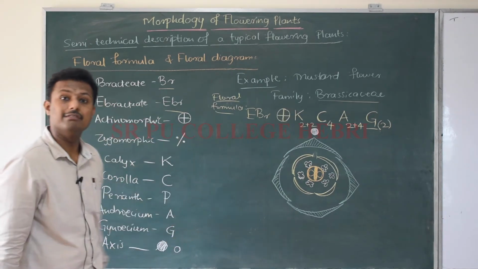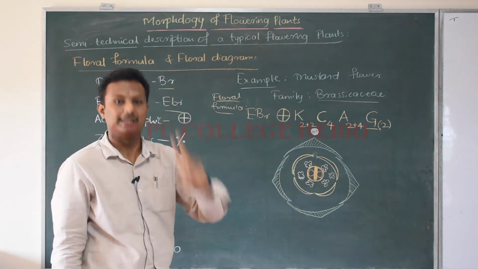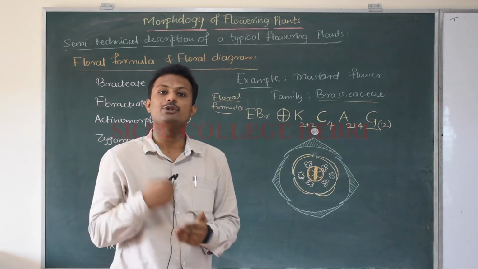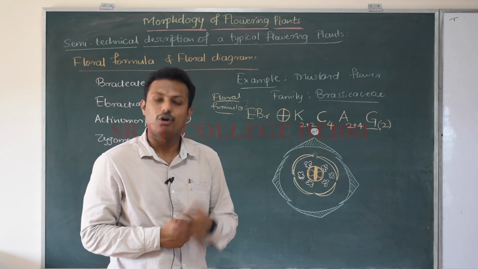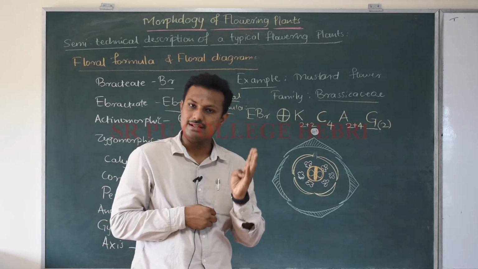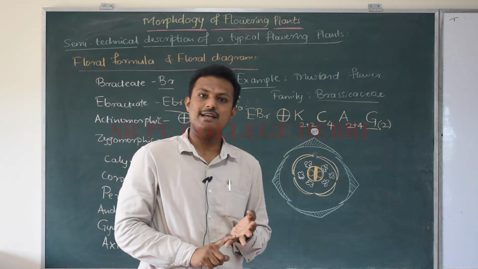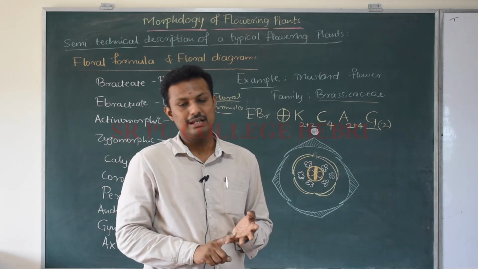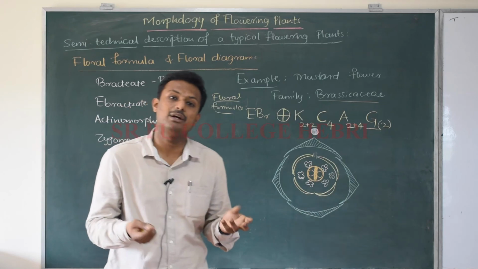Similarly, we need to write the floral formula and floral diagram, and also study the description, for two families this year. One is Solanaceae and the other is Liliaceae. Solanaceae is the brinjal family, and Liliaceae is the lily family, the family of onion.